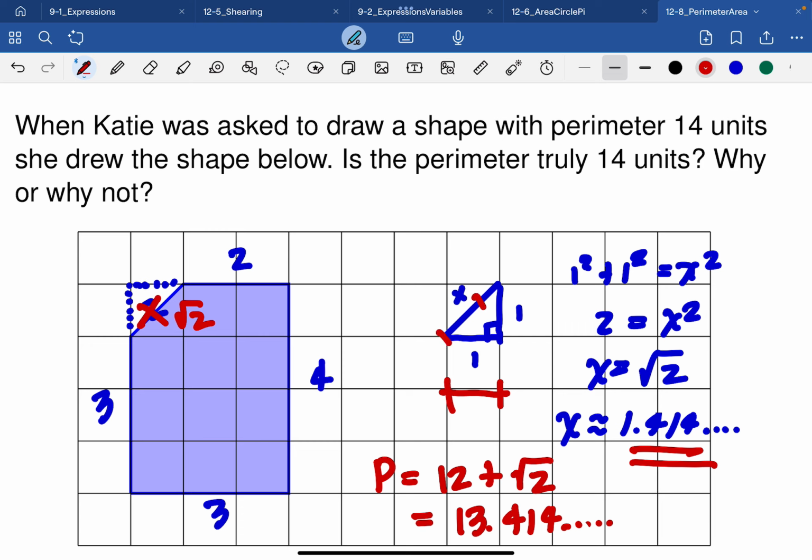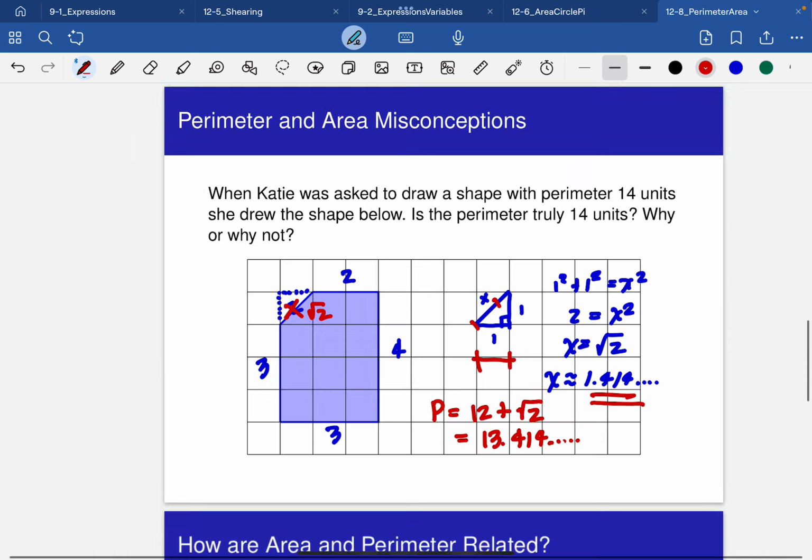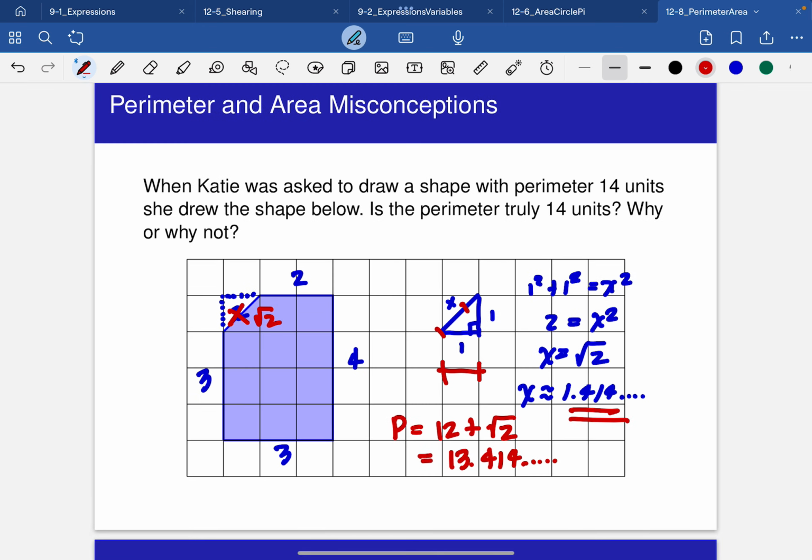And of course, you should get something that's like that in terms of length. And if they really push for it, you can say, well, it's a special number. It's called the square root of 2, which happens to be closer to 1.5 than it is to 1. You'll learn more about that in 8th grade.